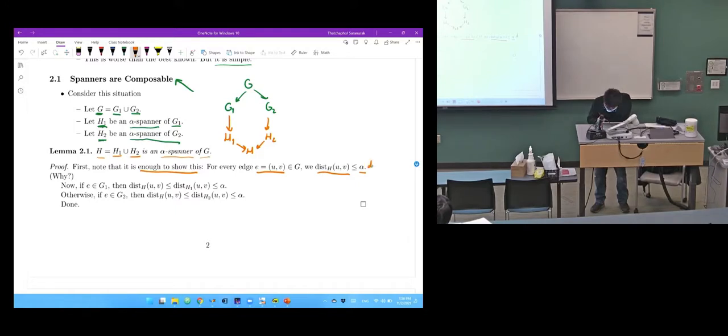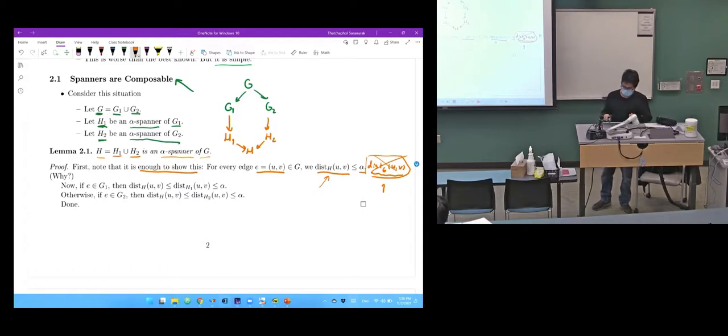So this actually should be the distance in G of UV, but this is just an edge, so this is just one, right? So this is why I can just omit this. If this is at most alpha, then I'm done. Instead of proving this for every pair UV, I just need to prove this for every pair UV which is an edge in G.